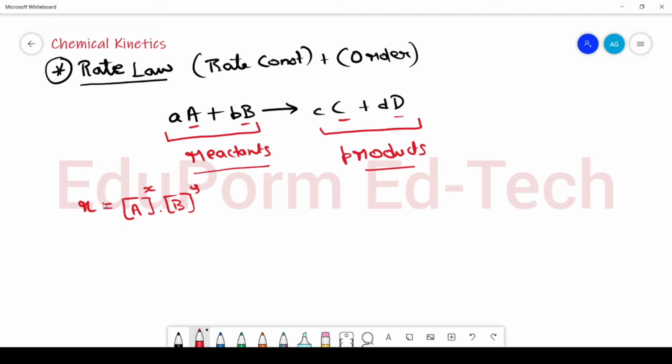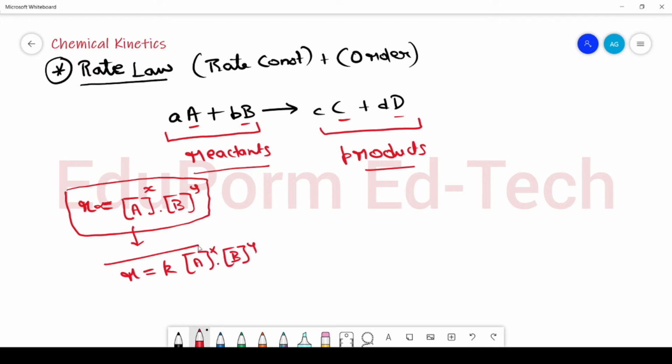So here the rate is proportional to the concentration of reactants raised to some powers, and this equation becomes R is equal to K [A] to the power x [B] to the power y, and this equation is called the rate equation.